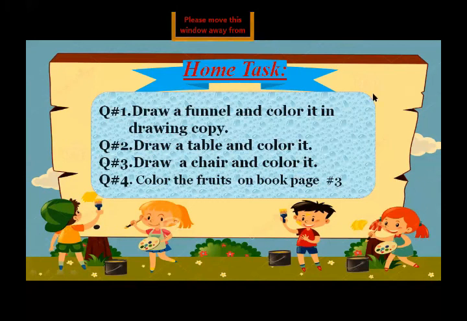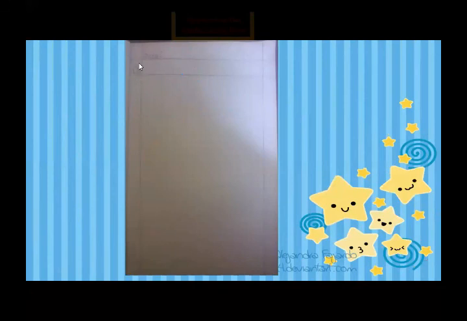Okay, my dear students, I hope you all got it carefully, but before that there is one thing I want to show you: this is the page of your drawing copy. How will you draw lines? You will draw the margin like this, as all of you know.